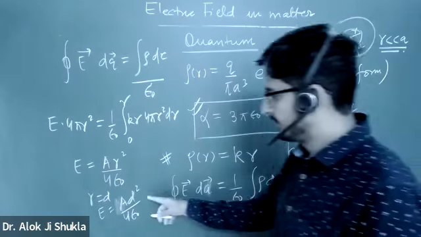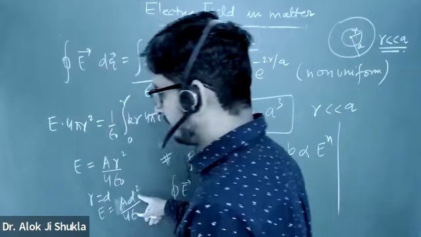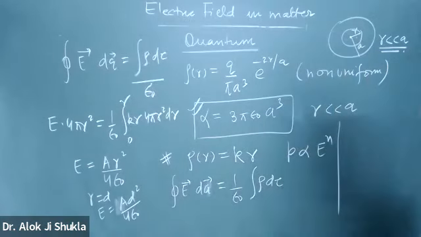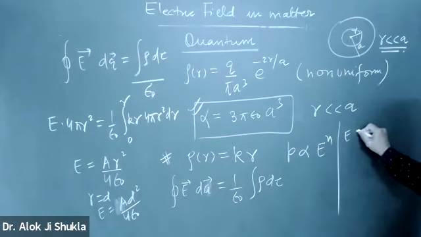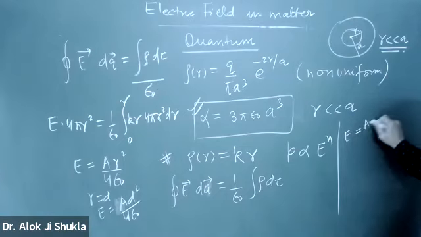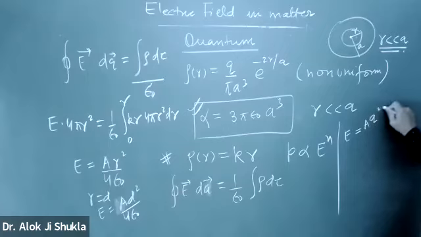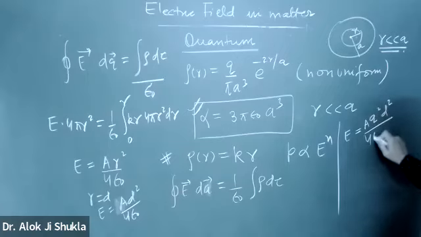Here what you want? You want charge, you want dipole moment. So write E is equal to a q square d square by 4 pi epsilon naught q square.